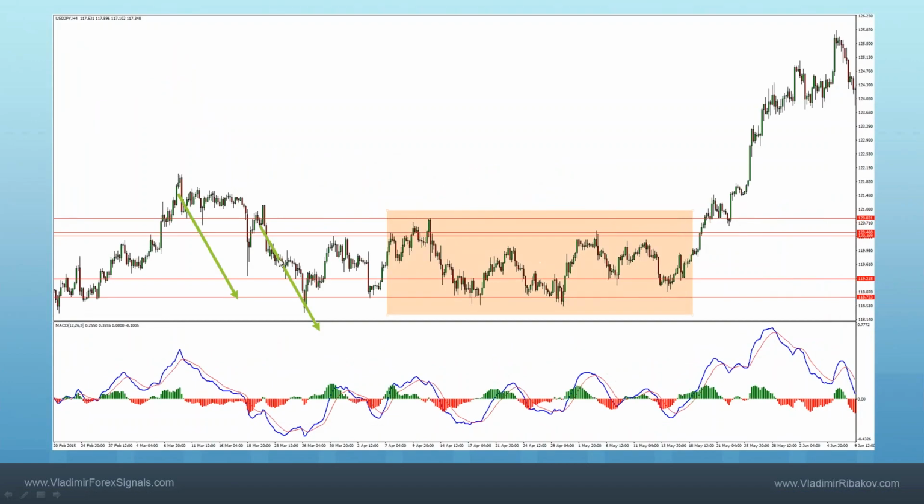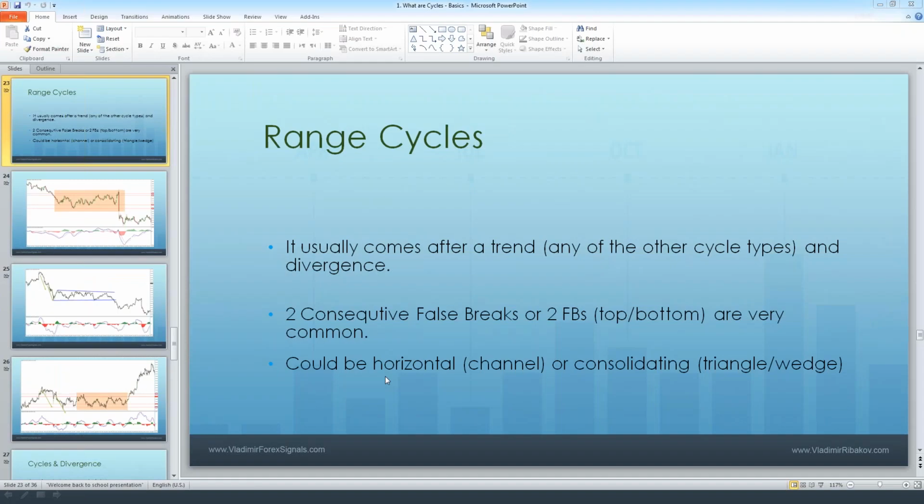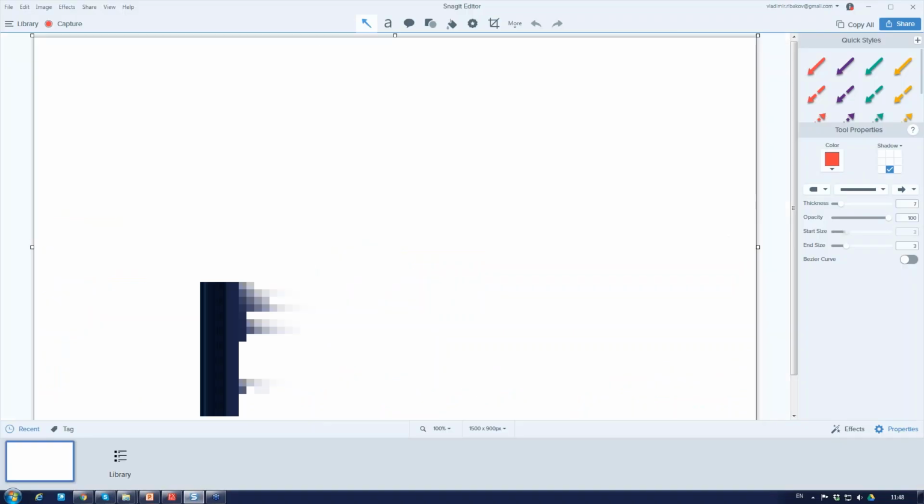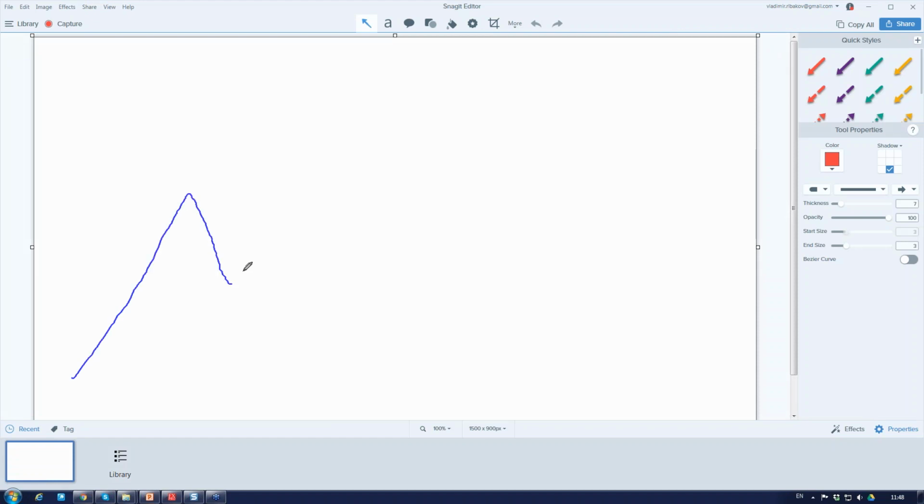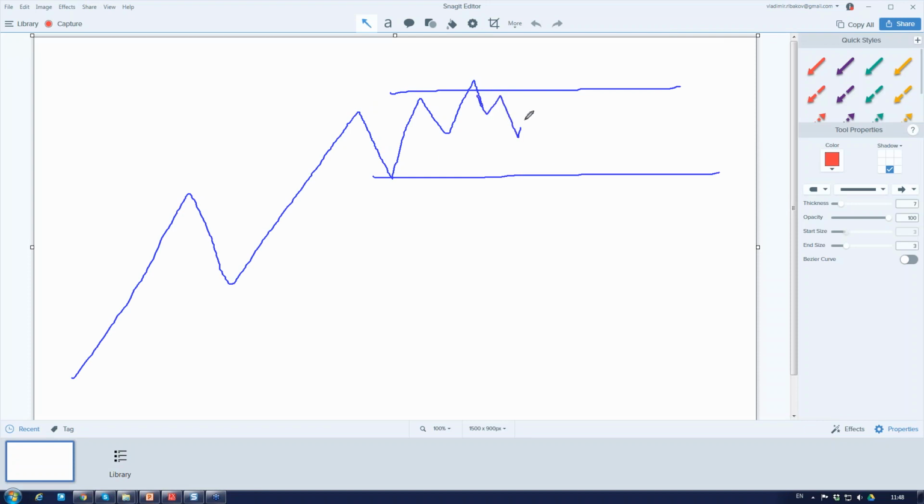Here you go, a double cycle down, one false break here, one false break here, and that means we are entering a potential range. As I said, a range could come in two ways. One is that we got a double cycle or triple cycle, and here we got one false break, two false breaks, two in a row in the same direction. That could happen, and that means this could be our potential range now.